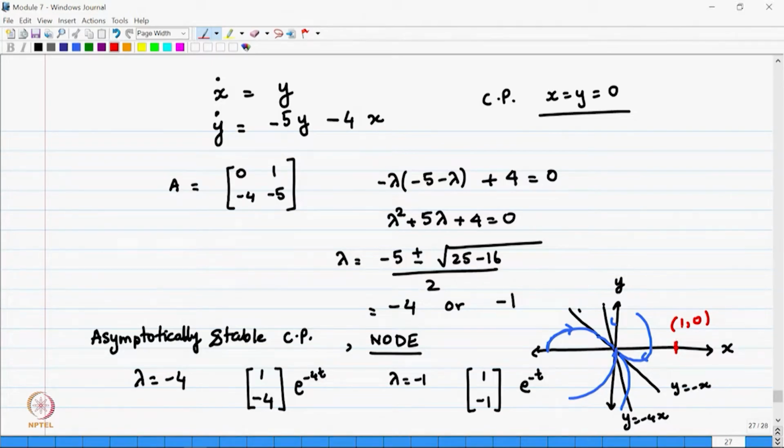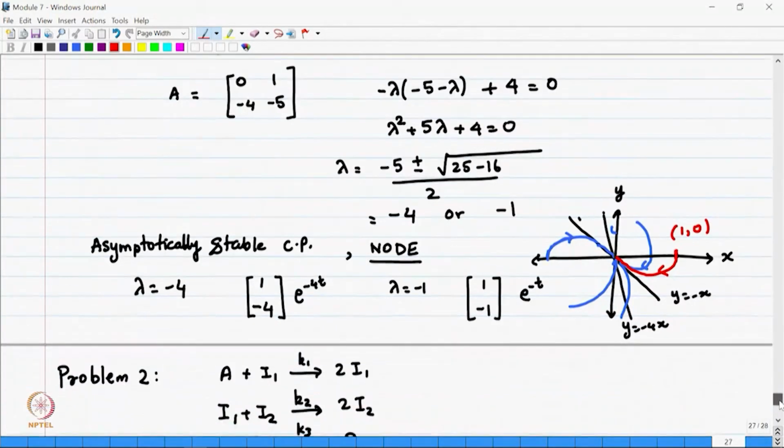And y dot is negative, so y has to decrease. So, y will go down and it will follow this, and it will eventually come towards this point. So, this is what the picture of this damped harmonic oscillator is.